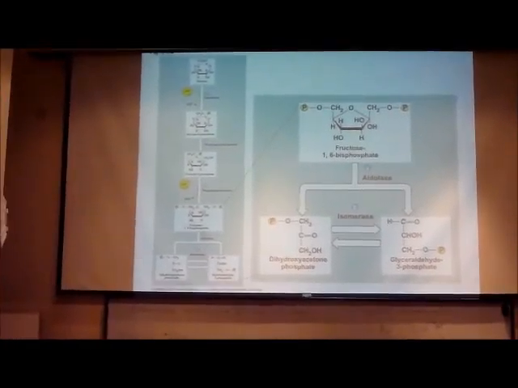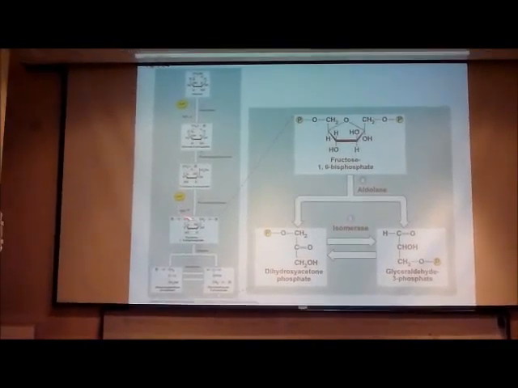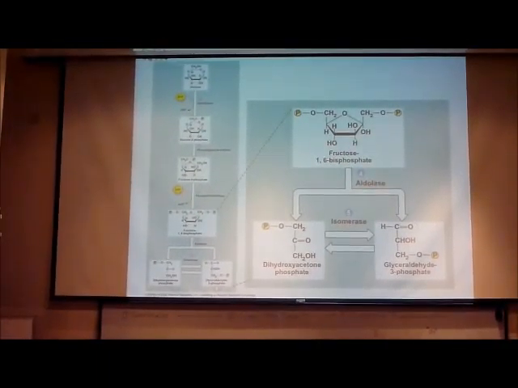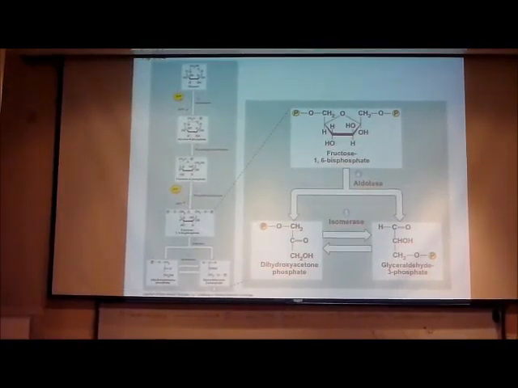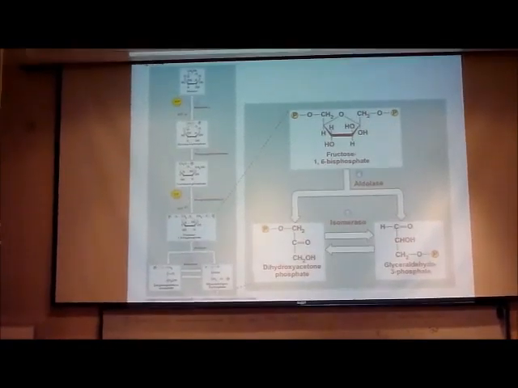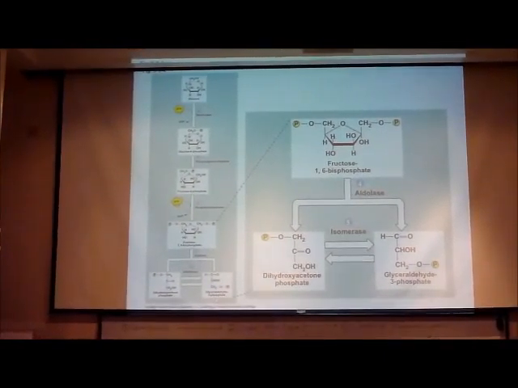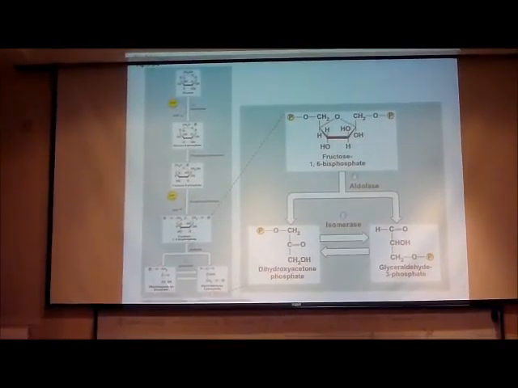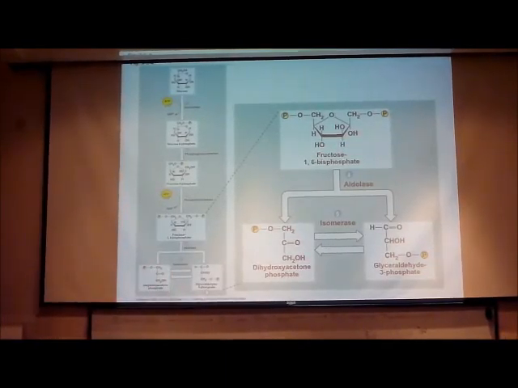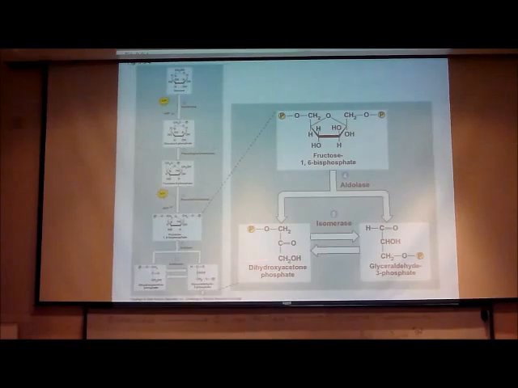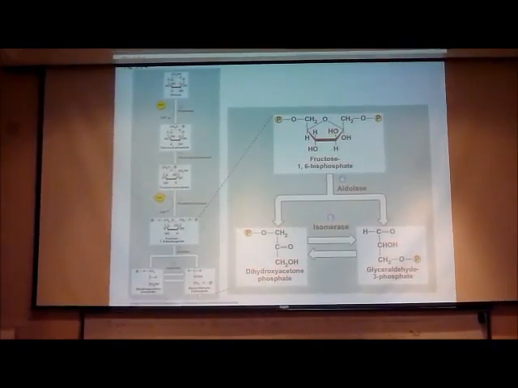Aldolase recognizes fructose. So we cleave it. Now we're going to wind up with one of 2 products: dihydroxyacetone phosphate, or glyceraldehyde 3-phosphate.